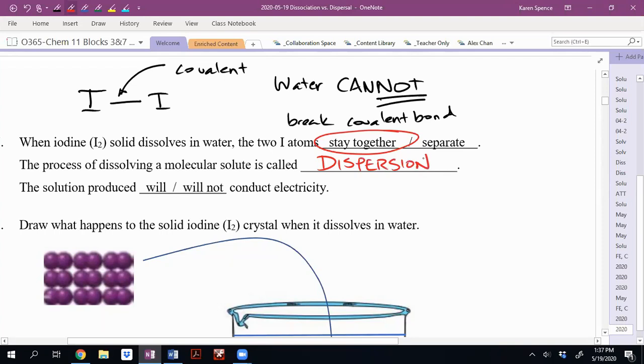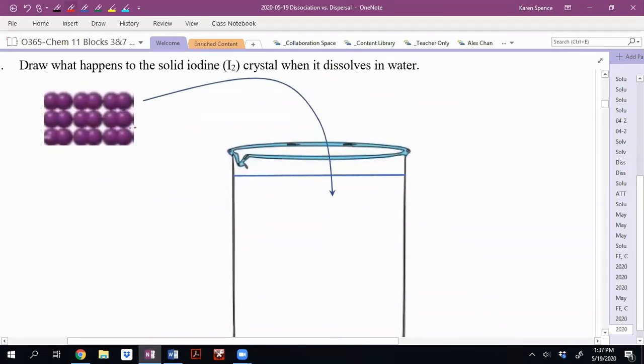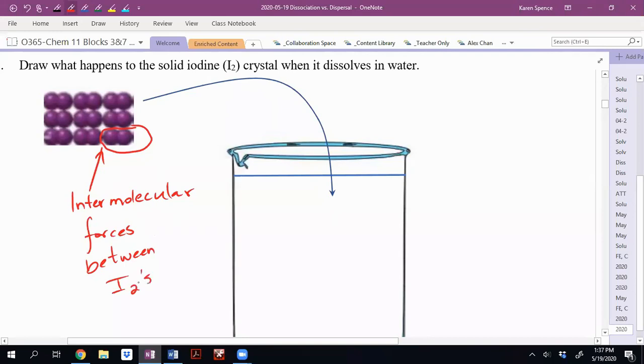Okay, and so the solution, well, let's see what happens when we draw the solid iodine. You can see that there's individual iodine molecules and there are intermolecular forces between the I2s and they break.